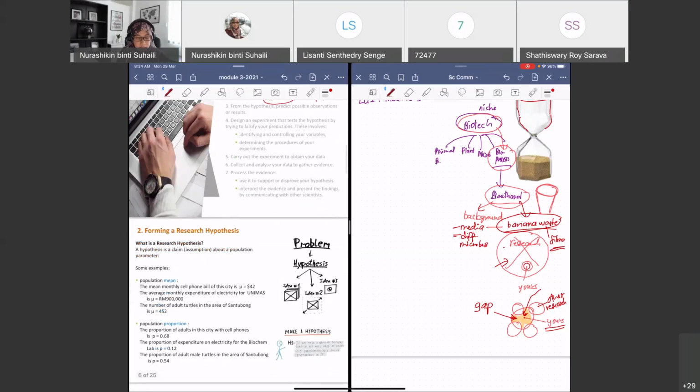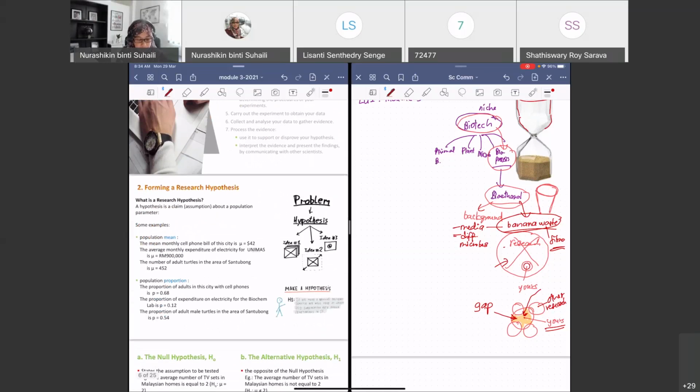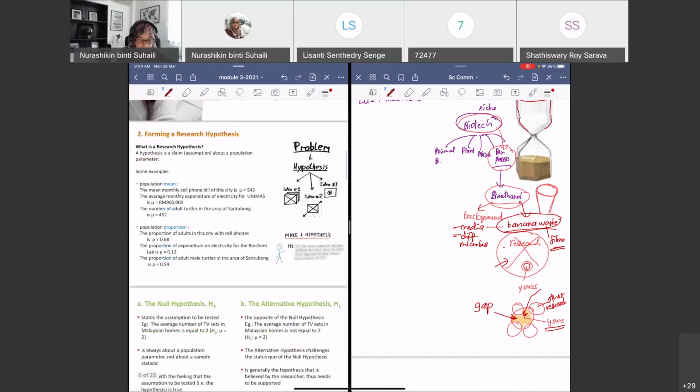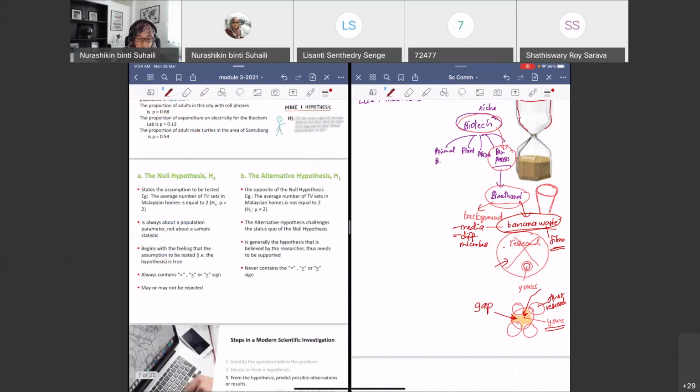Let's have a look at the points over here. Hypothesis is a claim or assumption about a population parameter. This is the statistics definition. Basically it's an assumption about the outcome of the experiment. There are two types of hypothesis, null and alternative.